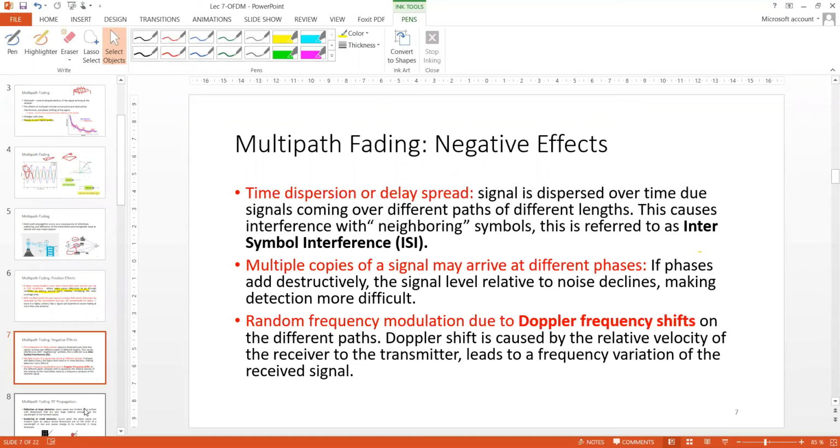Inter-symbol interference is when two adjacent symbols interfere with one another, so obviously this is commonly referred to as inter-symbol interference. For example, you are transmitting two bits, bit 1 and bit 0, okay? And let's suppose, just for the sake of understanding, each is represented with a particular symbol.